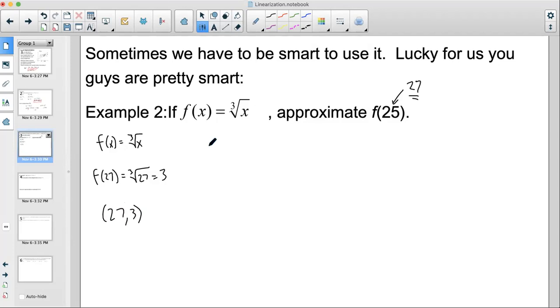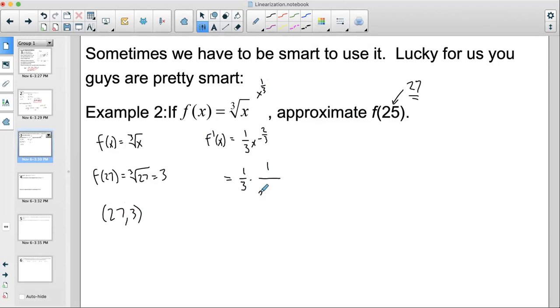And now f prime of x, well, this is really x to the 1/3, so it's 1/3 x to the negative 2/3. And since I'm going to want to plug a 27 into this, I'm going to have to rewrite this with a radical so I can actually evaluate it. Remember, the negative exponent means you do 1 over the thing to the positive exponent.